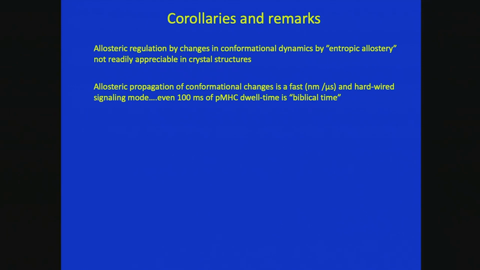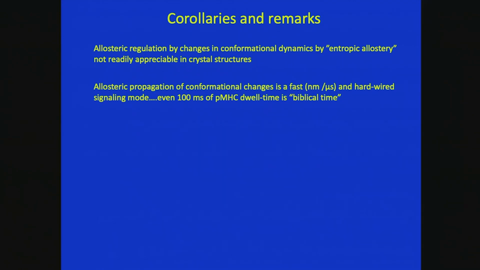Okay, so we know one thing, that binding of even the weakest receptors to self-peptide MHC has been measured in various labs, in particular by Cheng Zhu in Atlanta. It could last, the minimum is 100 milliseconds.